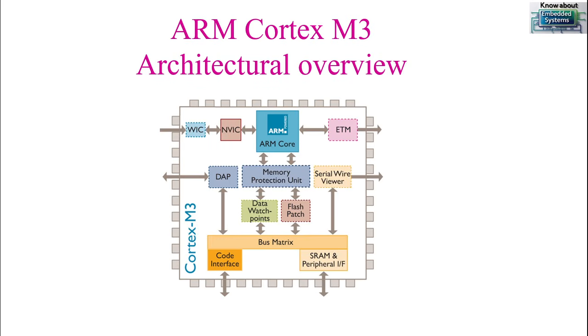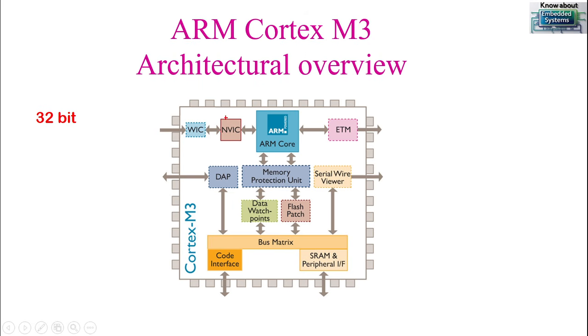ARM Cortex M3 processor. This is the architectural block diagram of your ARM Cortex M3 processor. So what is there inside the ARM Cortex M3? Basically, this ARM Cortex M3 is a 32-bit processor. First of all, you should understand this. It's a 32-bit processor and it has an ARM core inside, nothing but a 32-bit core inside. We have a memory protection unit, we have a serial viewer, we have NVIC.